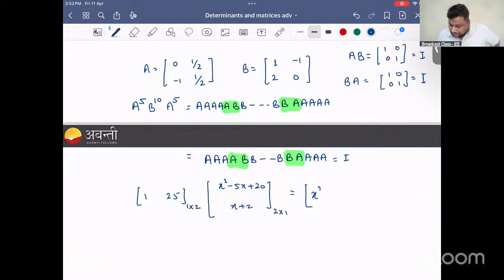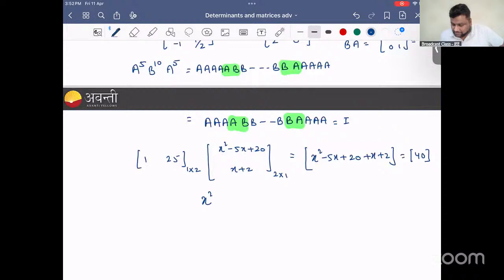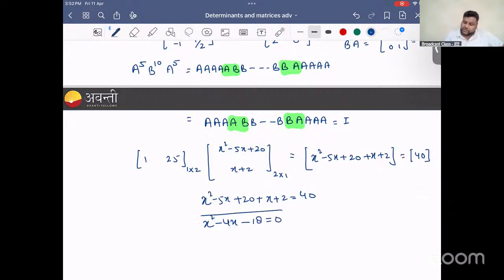So it will become x square minus 5x plus 20 plus x plus 2. And they are saying this equals this 1 by 1 matrix 40. That means x square minus 5x plus 20 plus x plus 2 is 40. So it will become x square minus 4x minus 18 equals 0. This is the equation you got.